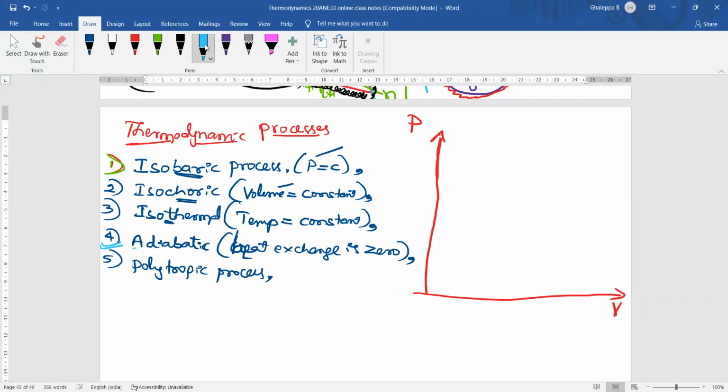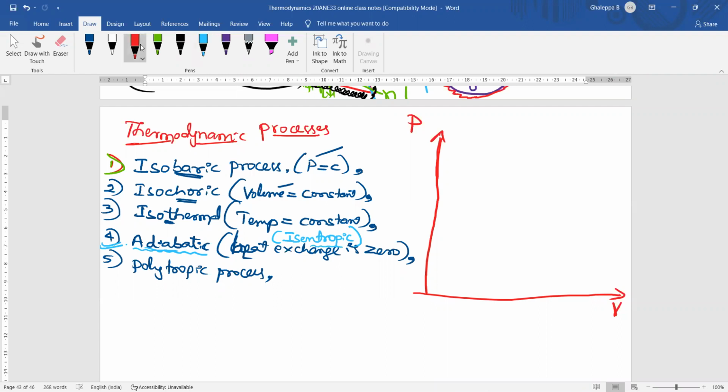Point number 4 is adiabatic. The reversible adiabatic. I'm adding one more word. Reversible adiabatic process is also called isentropic process. Remember this point.